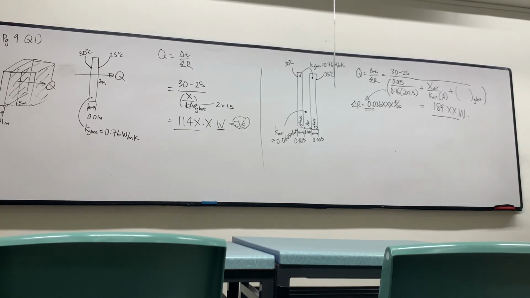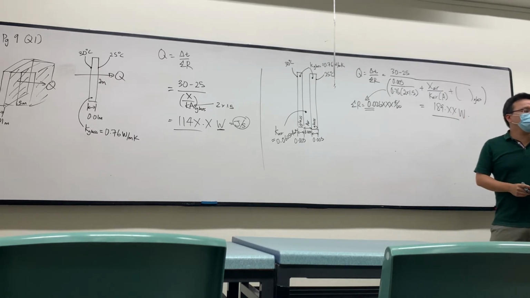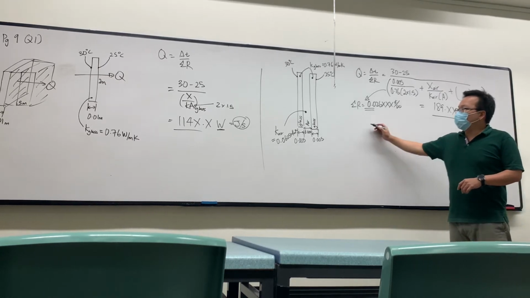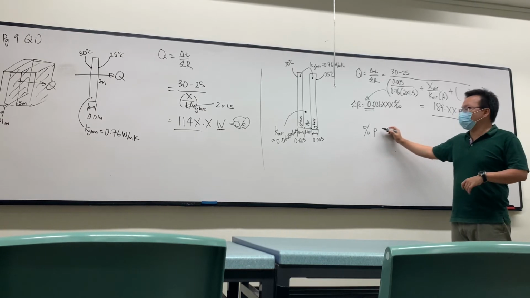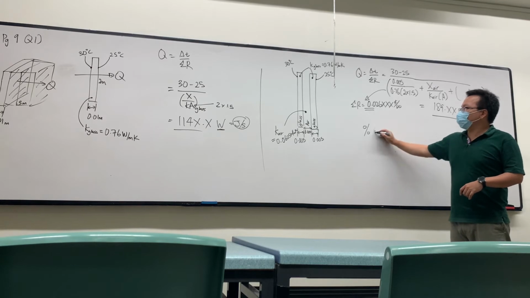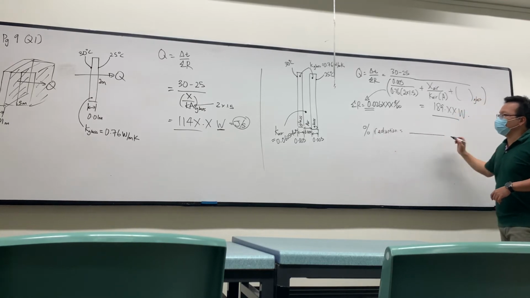So what the question asks you to do is simple. It asks you to find the percentage reduction. Percentage reduction is always asked. So how to calculate percentage reduction?